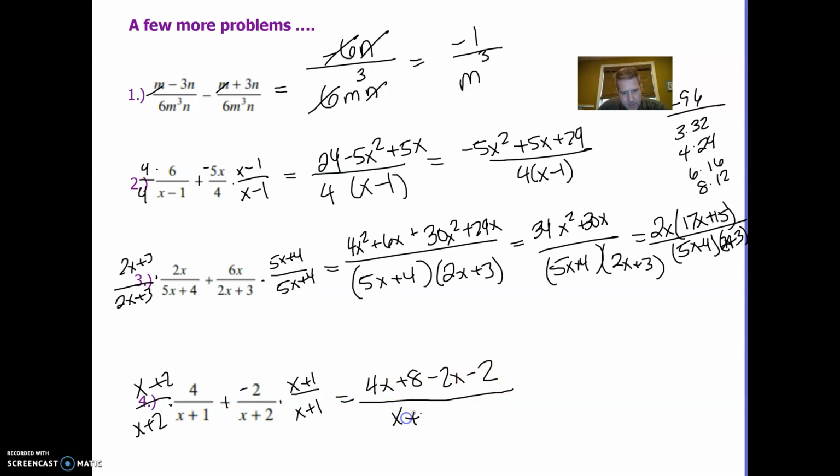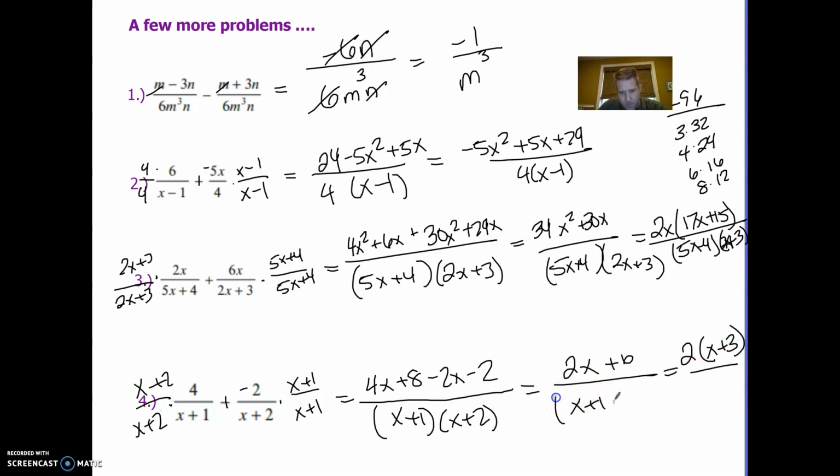And on bottom we have x plus 1 times x plus 2. Simplify the top, gives us 2x plus 6, which can then be factored to 2 times x plus 3. All right, so I don't think that's going to help us though, because we have x plus 1 and x plus 2 on bottom, and that's not going to simplify anything, because we still don't have anything that we can cross out. That's going to be your answer.